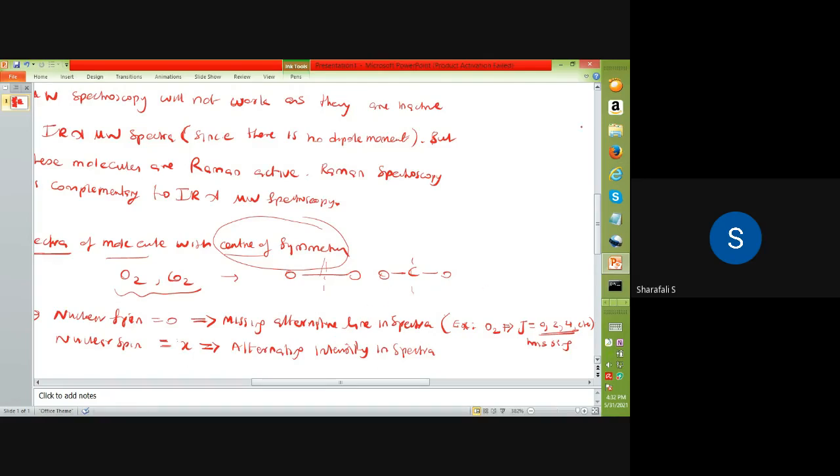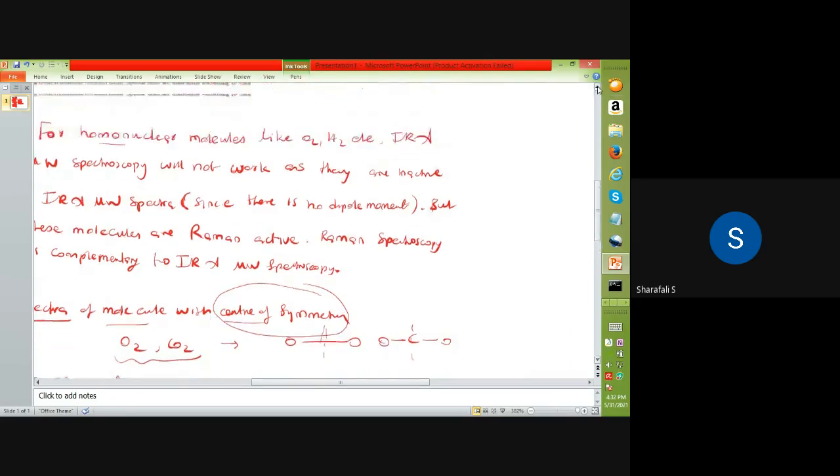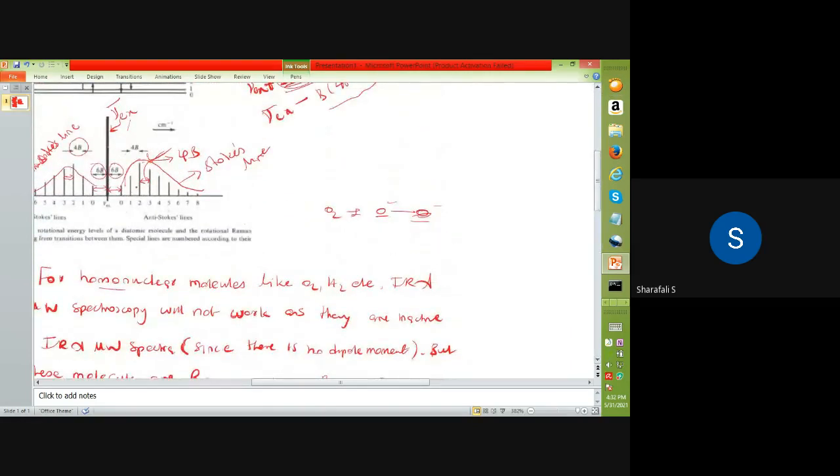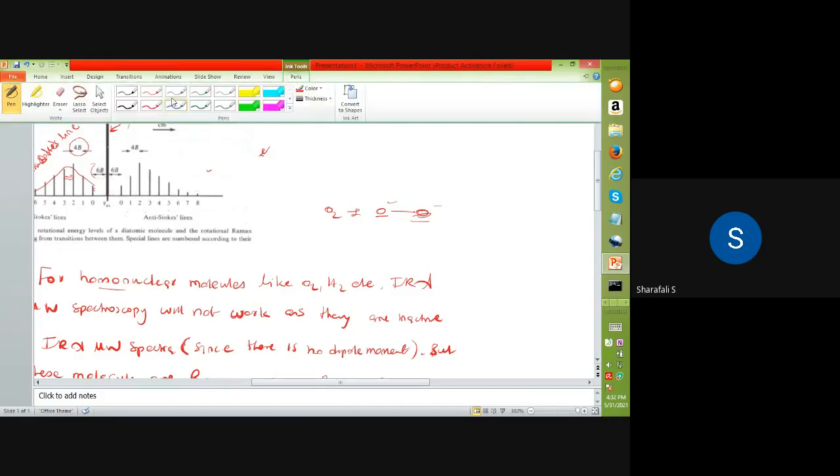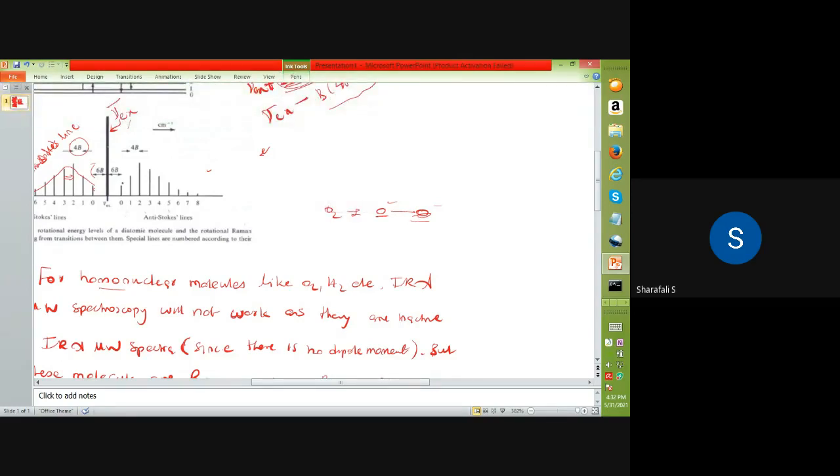If you consider the rotational spectra of oxygen, the first line, J equal to 0, will be missing, and these other even lines will also be missing.